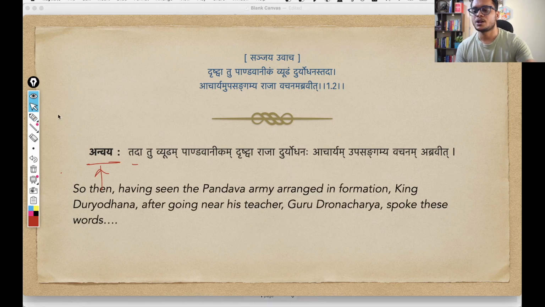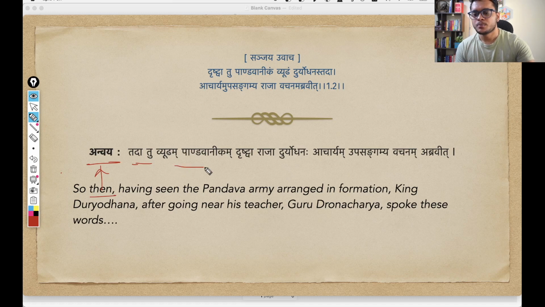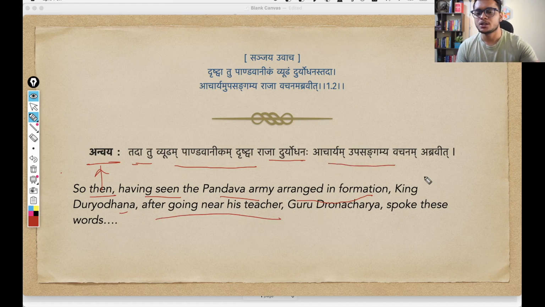Tada tu, so then, Vyudham Pandava Nikam Drishtva, having seen the Pandava army arranged in formation, Raja Duryodhana, King Duryodhana, Acharyam Upsangamya, after going near his teacher, Vachanam Abravit, spoke these words. This is the entire translation of the shloka.